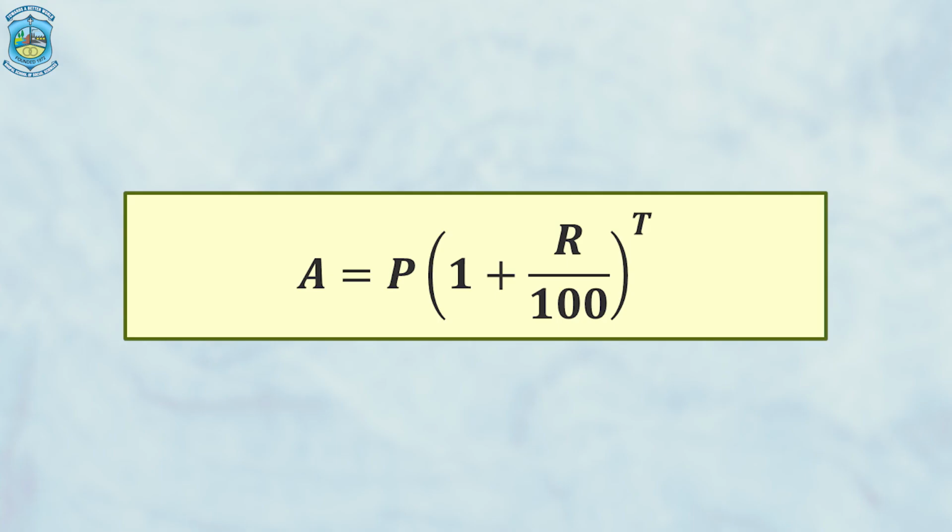Here, the principal amount P is rupees 1500, the rate of interest R is 5% per annum, and time is 3 years. First, we apply the formula to calculate compound interest, which is A equals P multiplied by (1 plus R by 100) to the power T.